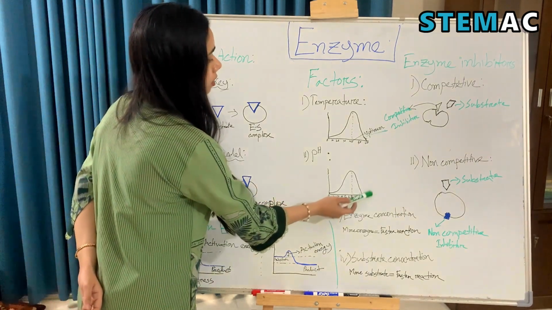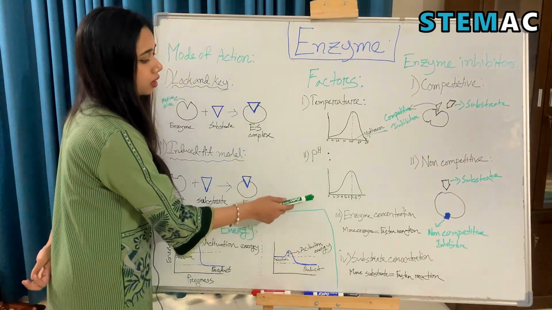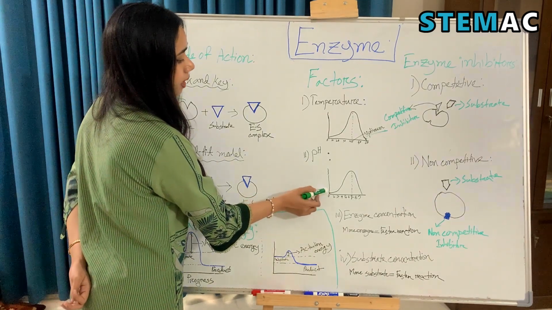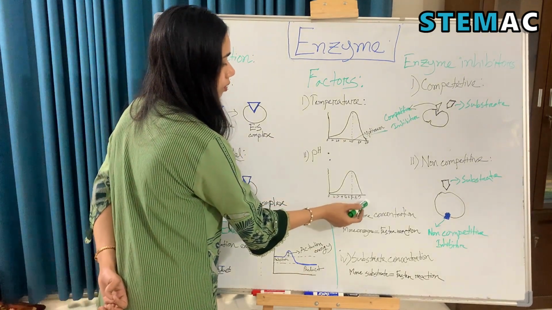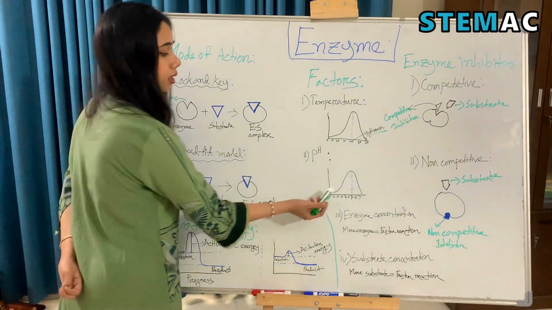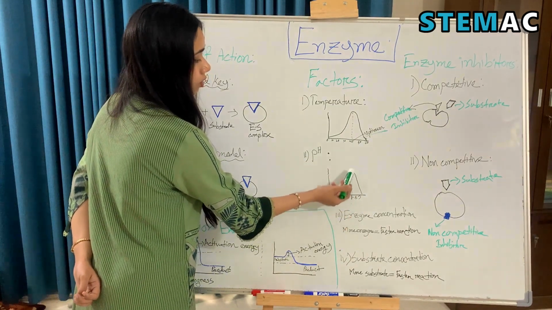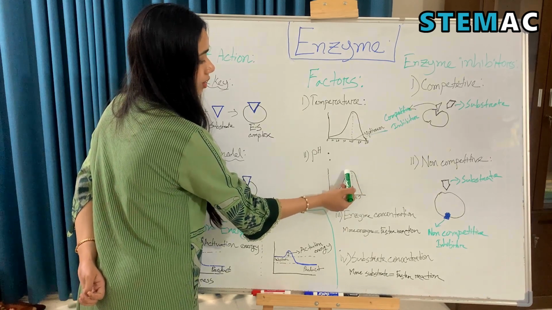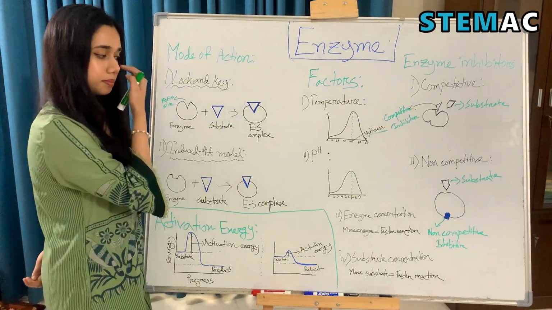So, in this figure, we can see that at a low pH, the enzymatic action is very low. Similarly, at a high pH, the enzymatic action is also low, but at this peak, it is the optimum pH. So, here the enzyme is working its best, right?